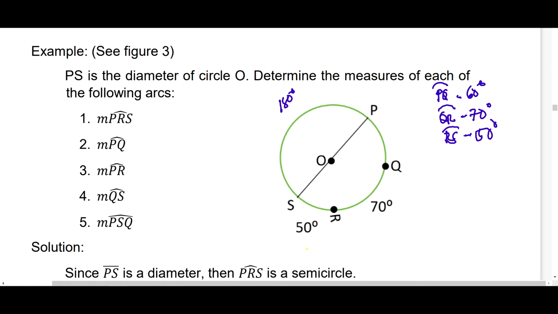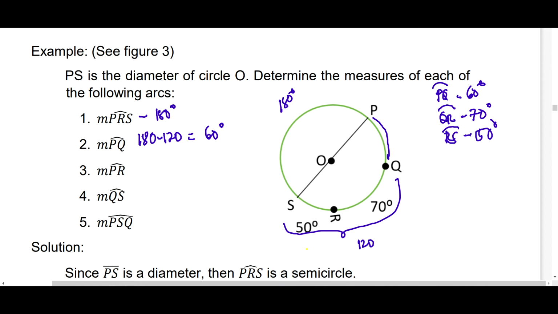Now let's identify na our questions. So arc PRS, that's equal to 180. PQ, nakuha natin si PQ kasi semicircle yan. Inadd mo na natin tong dalawa. So this is 120. Yung isang buo 180. So 180 minus 120, arc PQ is 60.